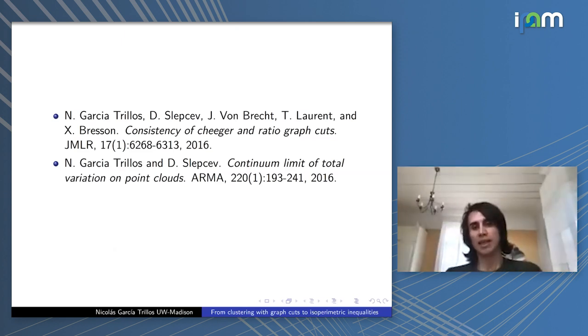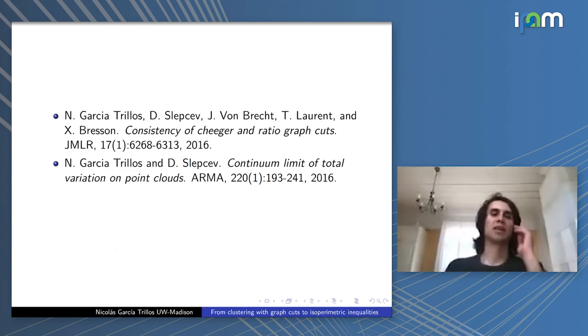So first, I'm going to give you a series of results without rates of convergence, and then we will later enter into the actual topic of the talk, which will be to talk about these rates of convergence and the relationship between the Cheeger problem and the isoperimetric inequalities that I announced at the beginning of the talk.